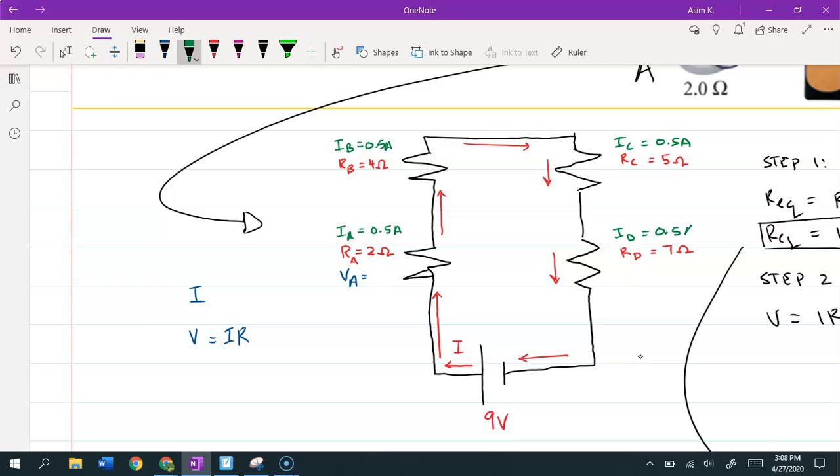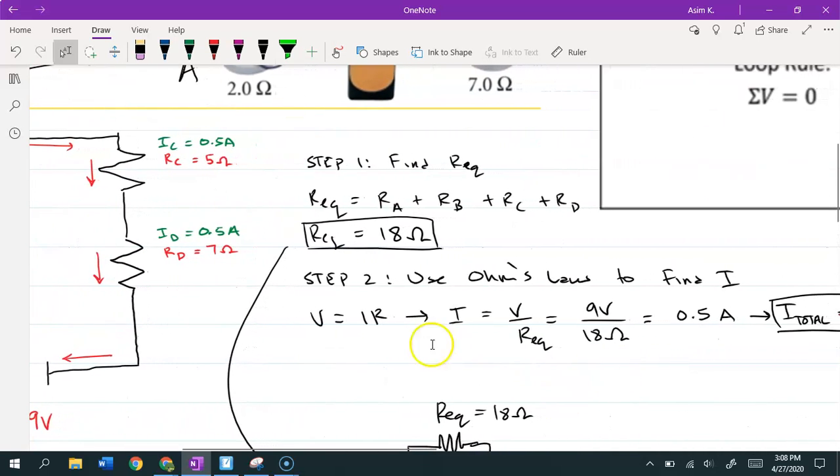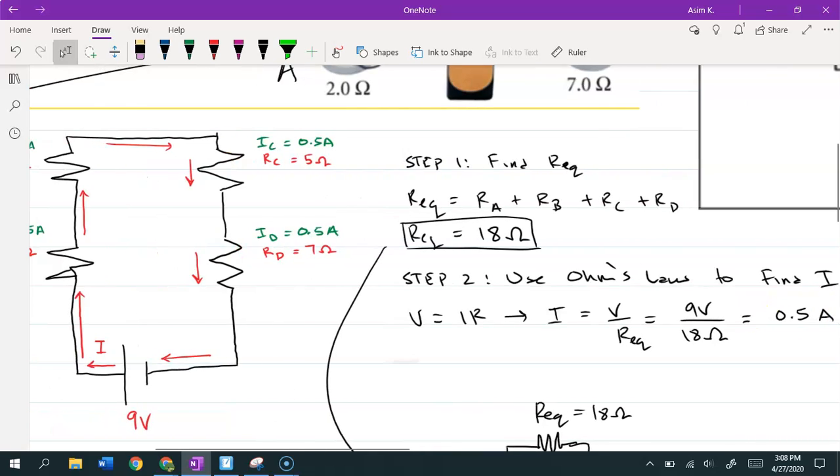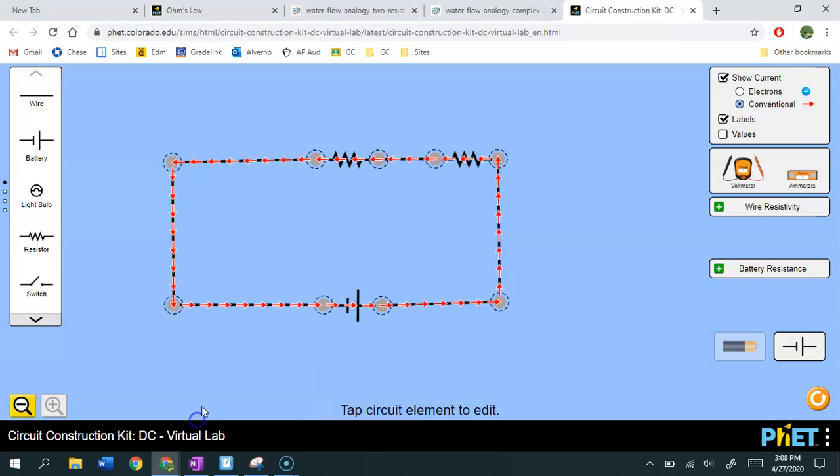Okay, now the last thing that we do is we calculate voltage. And again, to calculate voltage, this is the most important formula. Notice how we used this formula back in step number 2 to find the total amount of current. Now we're using the formula again because we want to figure out how much voltage drops through each one of these. If you don't understand what I'm saying, I totally get that.